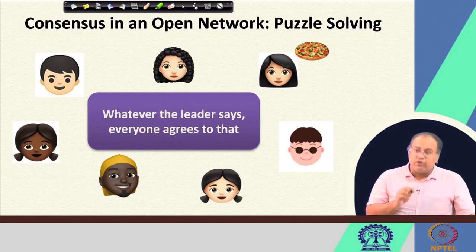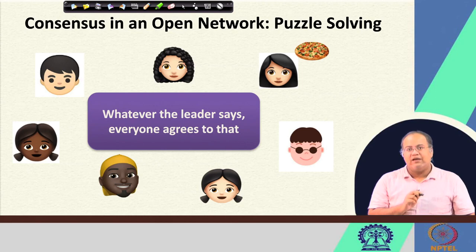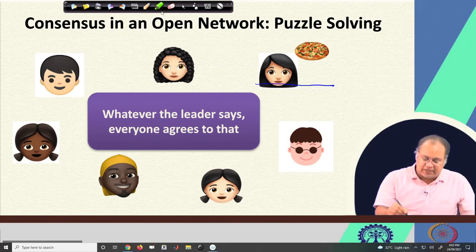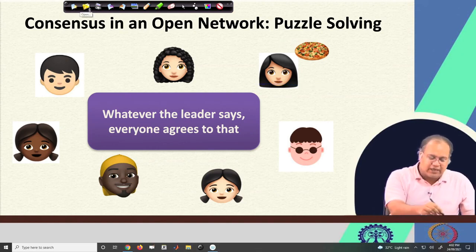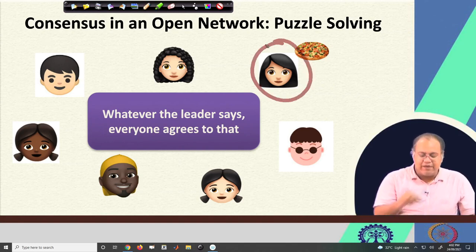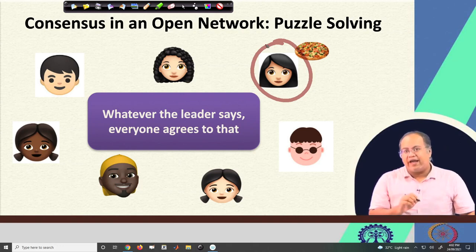So the question is, what should be the other property of that puzzle? The other property should be that although it is difficult to solve the puzzle, it should be easy to verify. Why is that so? Because when this person has solved the puzzle, others are going to verify whether this person has really solved it or not.